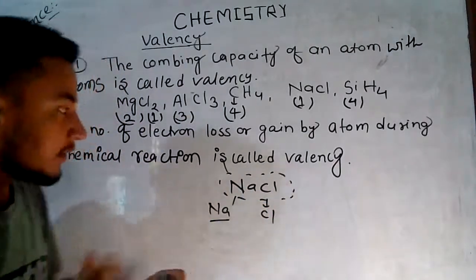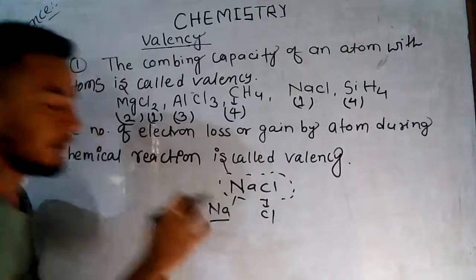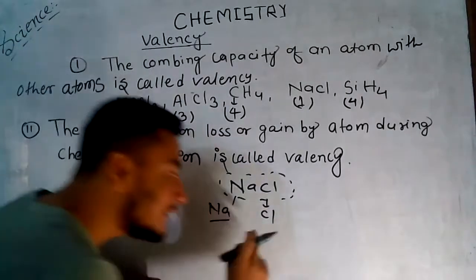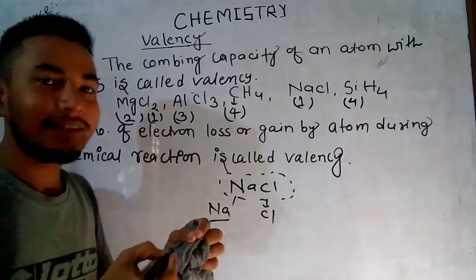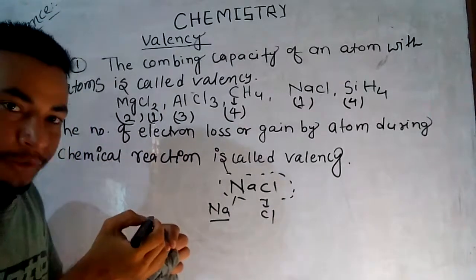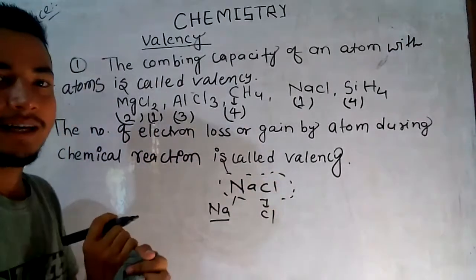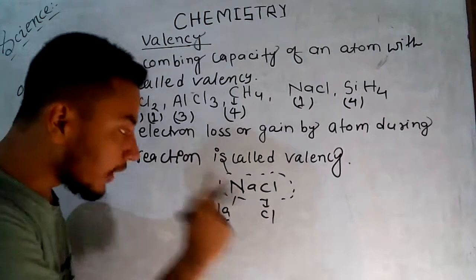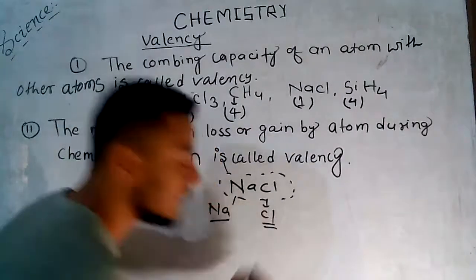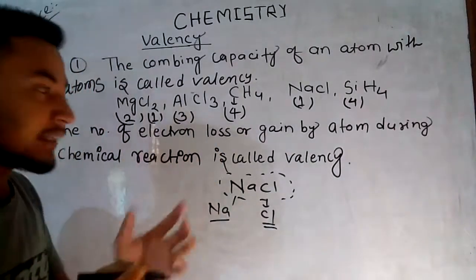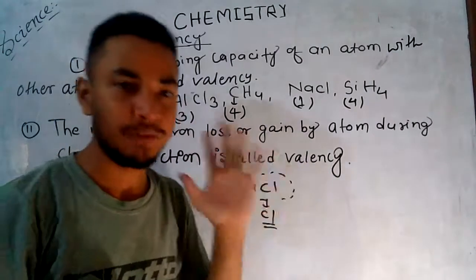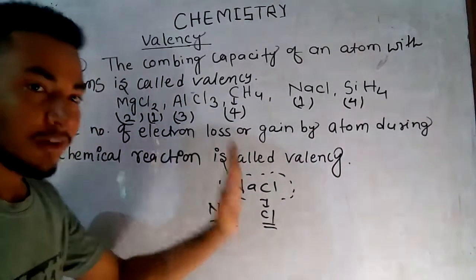That number of electrons is called the valency of sodium. And how many electrons are gained by Cl during the formation of NaCl? That number of electrons is called the valency of Cl. So this is one of the conceptual definitions of valency. Let's talk more about this definition.